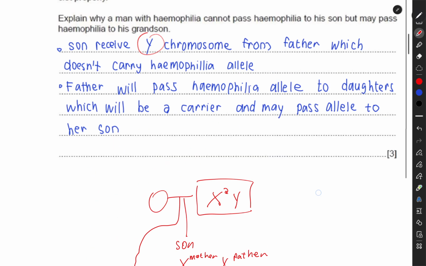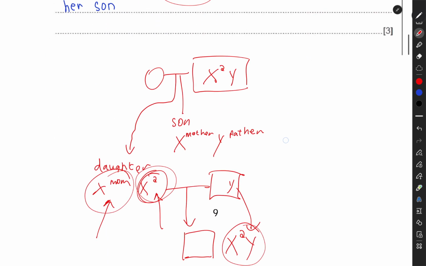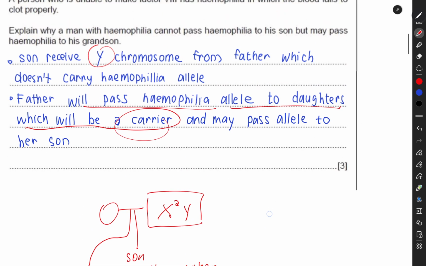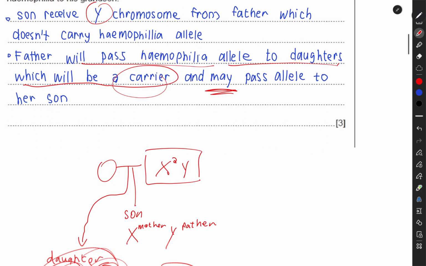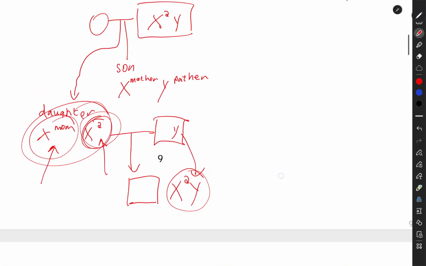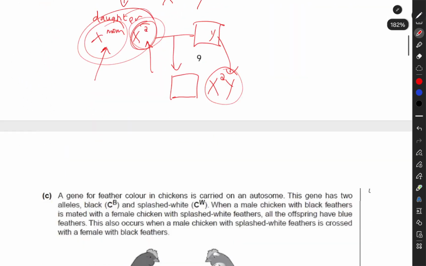So a father will pass the hemophilia allele to his daughters, who will be carriers. Carrier means heterozygote, and she may or may not pass the allele to her son. But yeah.